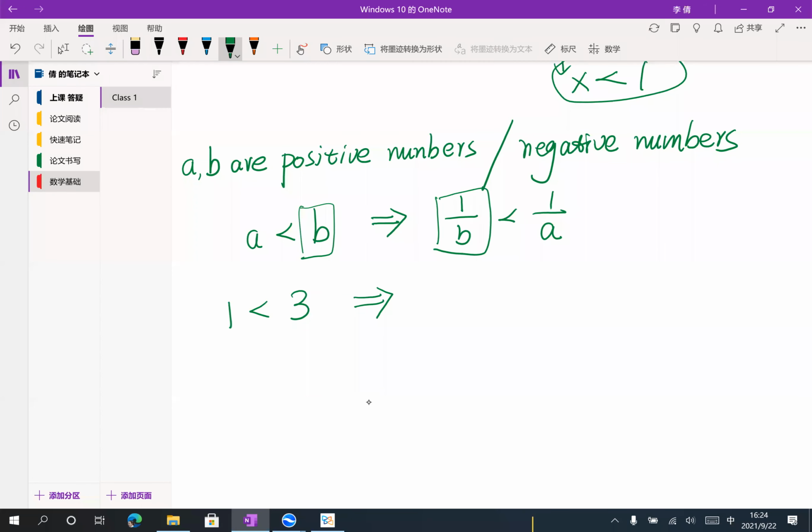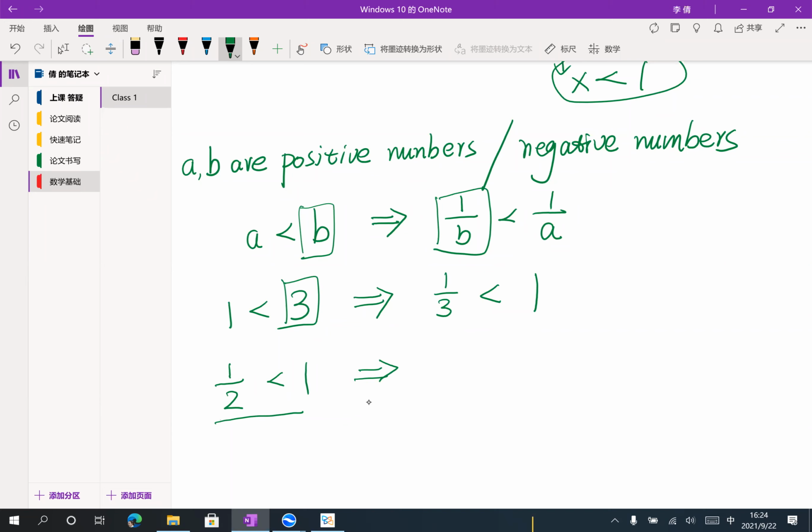So the reciprocal of 3 is 1 over 3, so 1 over 3 is smaller than 1, right? Yes. Let's see another example: 1 over 2 is smaller than 1, right? Yes.